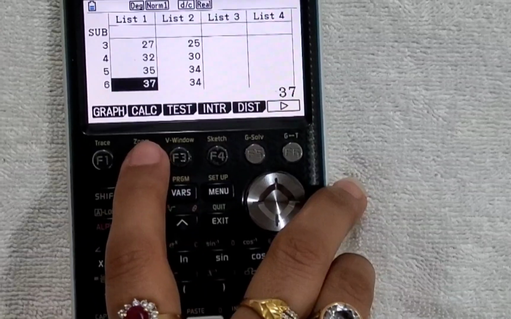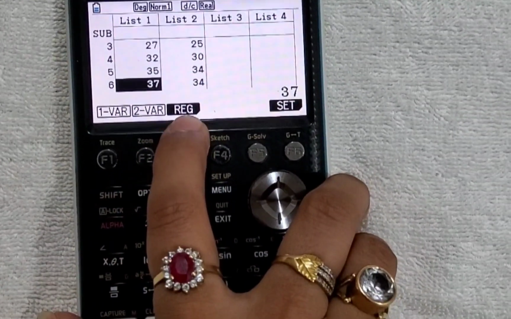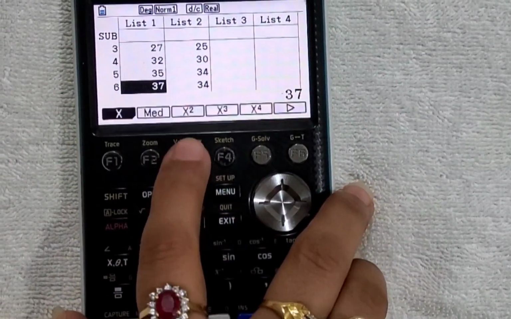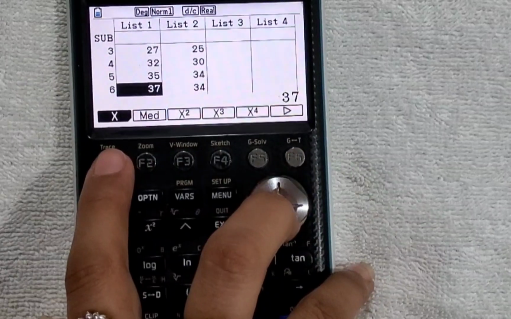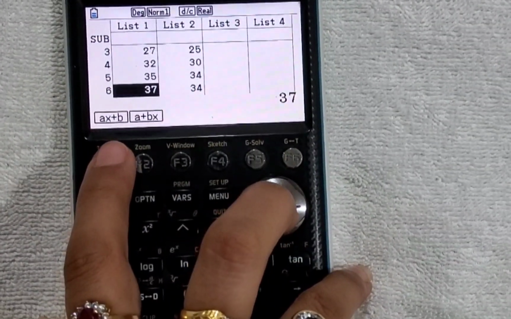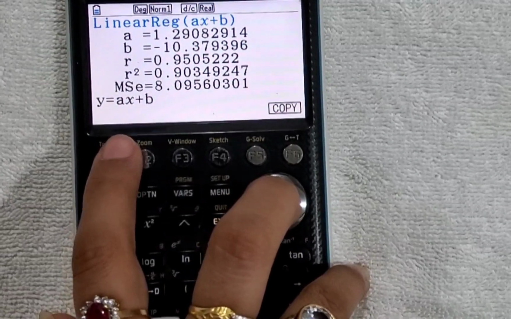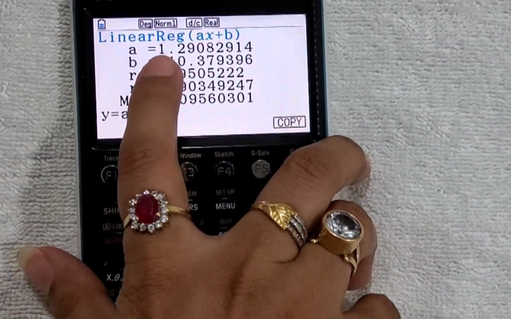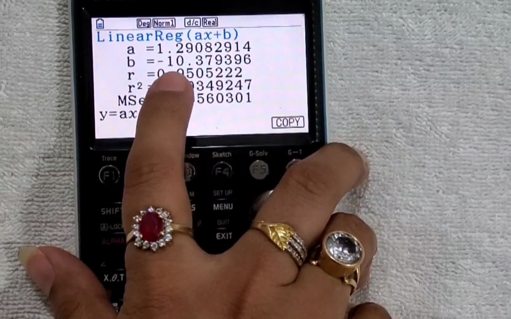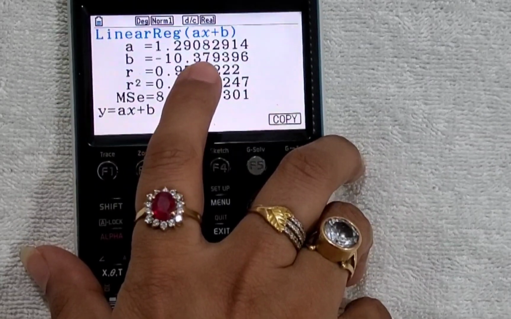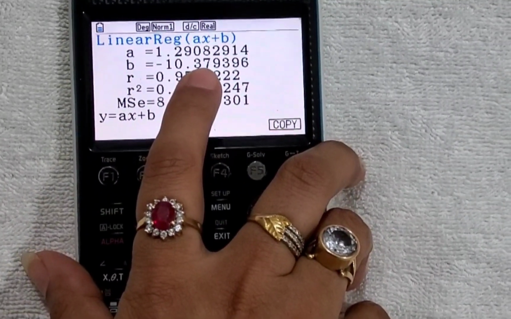Now I will press calc. Now I am doing regression. So I will press F3 regression. Then I will press F1. And my equation was ax + b, so I will press F1 again. Here you can see that a is 1.29 and b is -10.37, which is roughly -10.4.